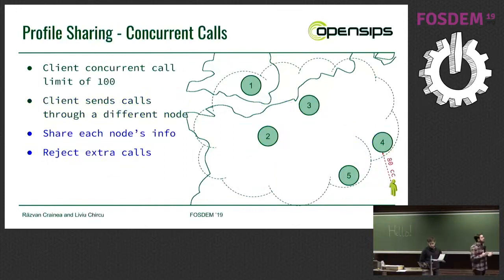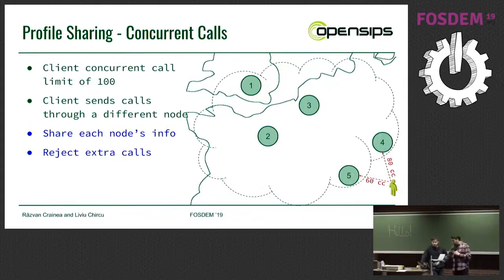Another use case is profile sharing. For example, you might have some limits on the concurrent calls a customer is allowed to make. So let's say a customer is paying for a 100 concurrent call limit, and he starts to send 80 calls on node 4. Well, what happens if he decides to send 60 more calls to a different node? In this case, he's using 140 channels on your platform, although he's only allowed to use 100 because that's what he paid for.